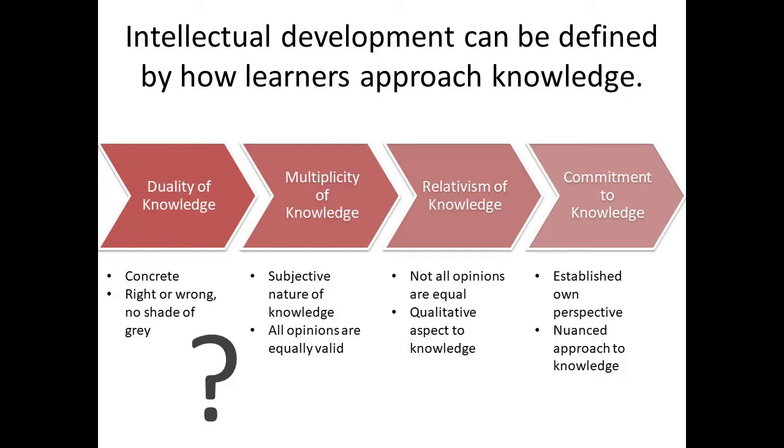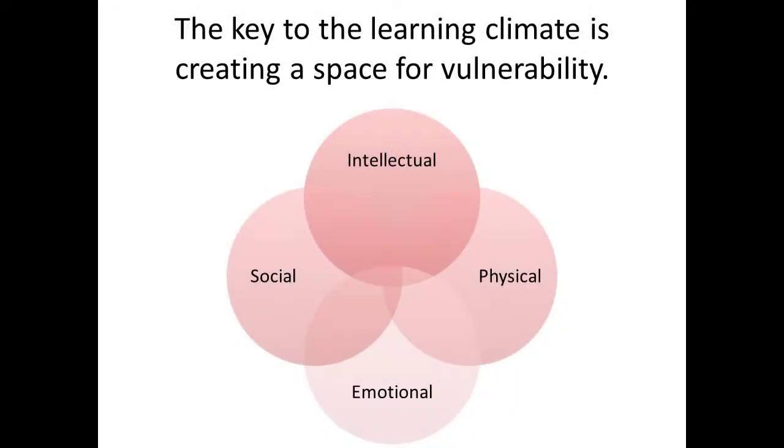The learning climate is very similar. We've got emotional, social, intellectual, and now we've also incorporated the physical space that you're in. There's a lot of overlap and a lot of interactions: learner-teacher interactions, peer-to-peer interactions, perspectives included in course material, tone set by instructors.